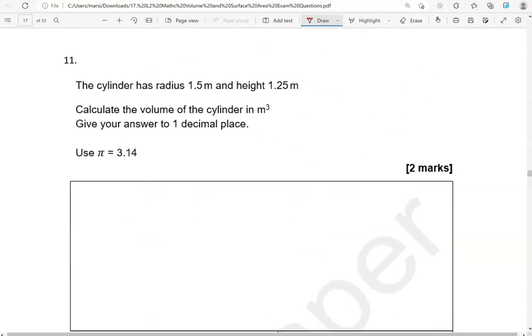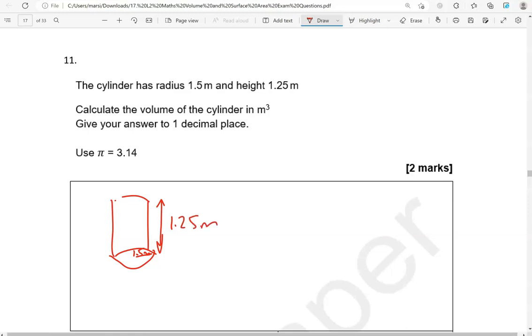The cylinder has radius 1.5 meters and height 1.25 meters. Calculate the volume of the cylinder in cubic meters. Give your answer to 1 decimal place. Use pi equals 3.14. So we have a cylinder which has a radius of 1.5 meters and height 1.25 meters.